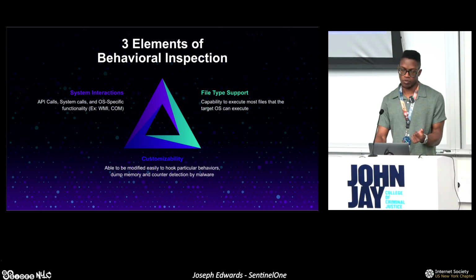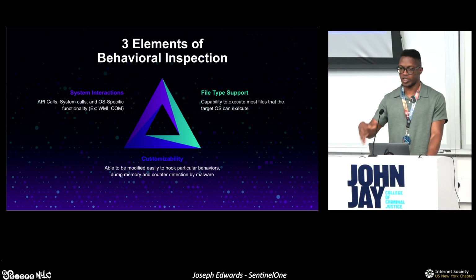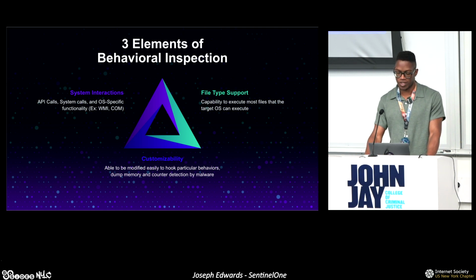A couple of examples of customizability: you might have some malware that's checking to see how much memory you have on your system. We have enterprise sandboxes that we use, so I won't name any names, but if you have a sandbox where the virtual machine that detonates the sample is allocated 4 gigabytes of memory, I guess you can get on the phone with support and say, hey, can you increase my memory to 8 gigabytes for this hypervisor?